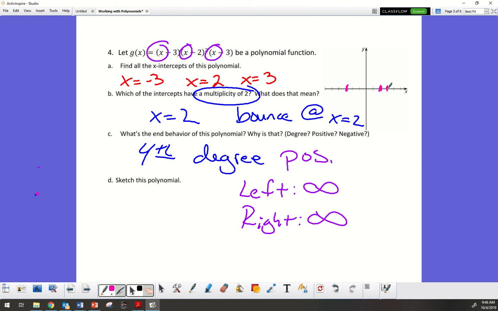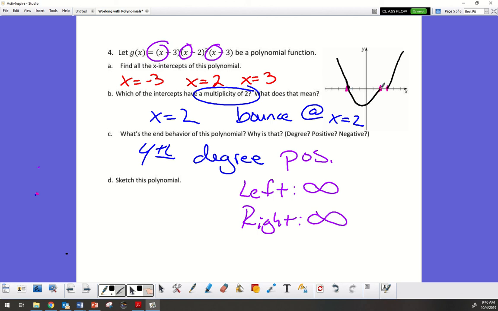If it's ending going up, I know from the farthest left that it's got to go up like this, right? And the right-hand side also has to go up, doesn't it? So reading it from left to right, it's going to go here.